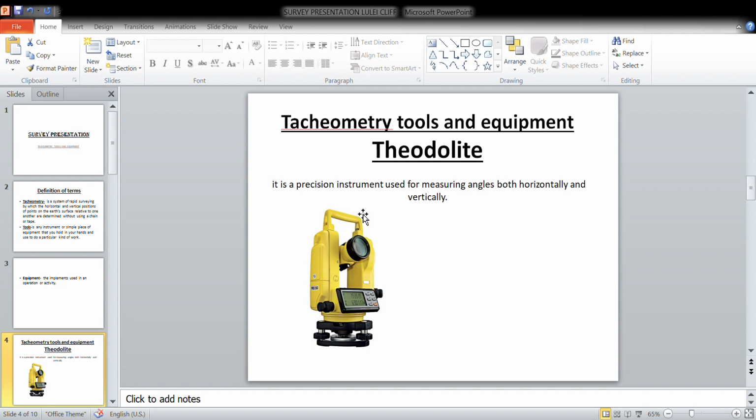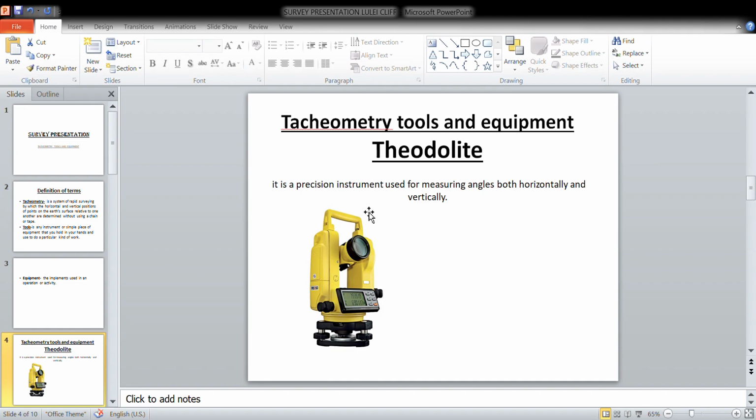Meaning the theodolite can be used in surveying. Having equated the theodolite and tachymetry, you can get the point that the tool is significantly used in survey practice.